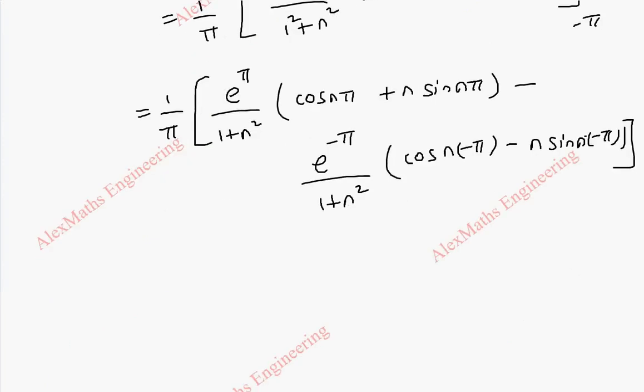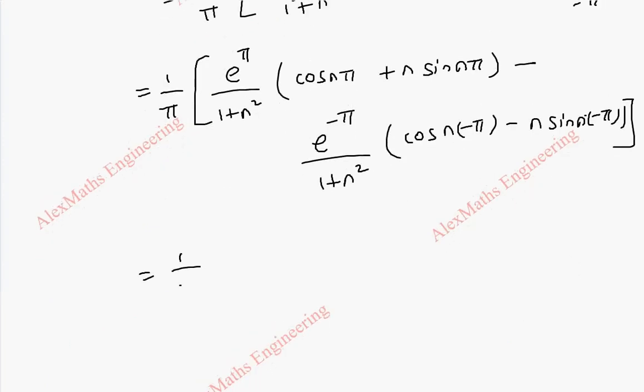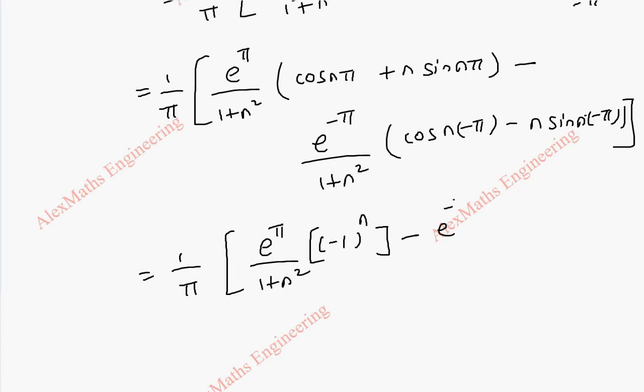Now finally, this becomes 1 by pi and e power pi by 1 plus n square into cos n pi, which is minus 1 whole power n, and sin n pi is 0. Then coming to the second term, e power minus pi by 1 plus n square into, again, cos n into minus pi; the minus is ignored inside the cos.